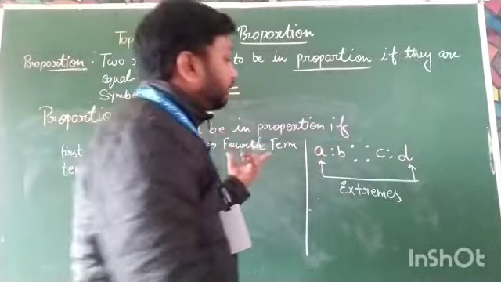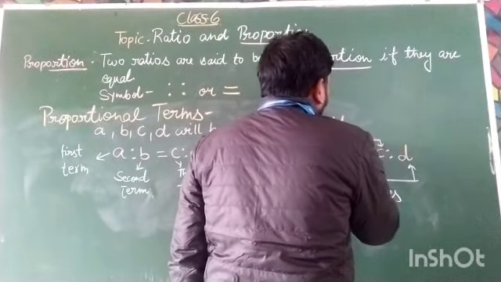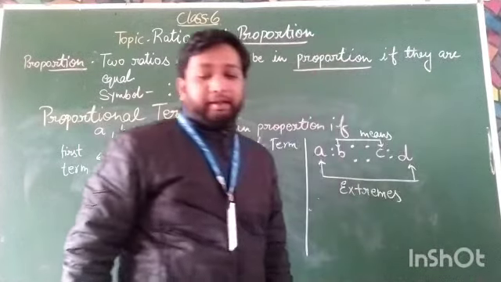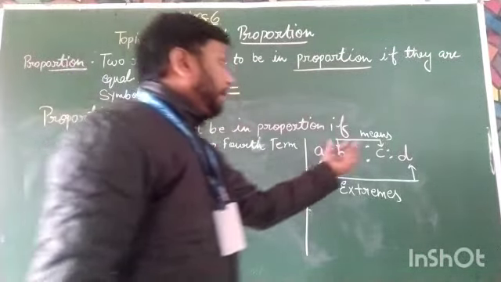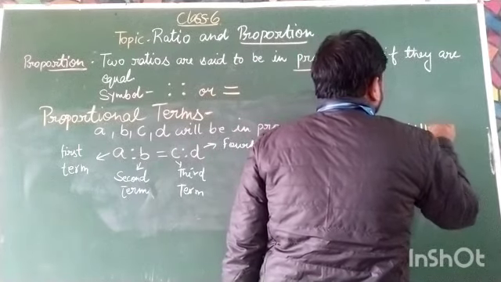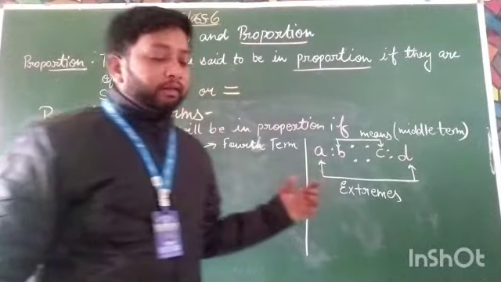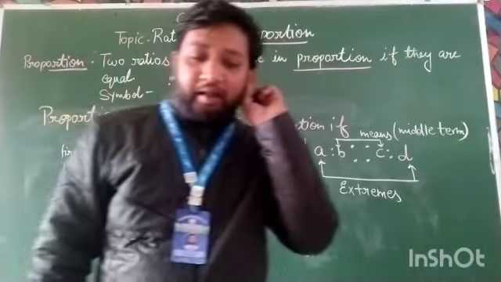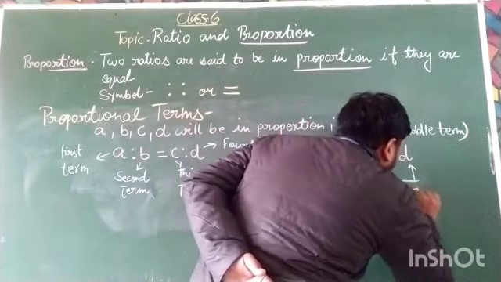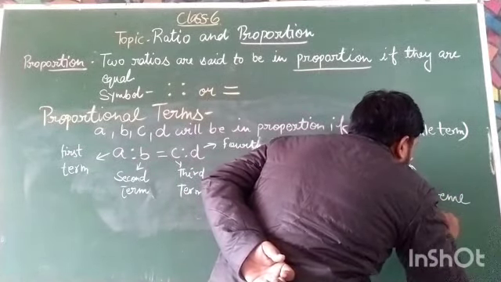The middle ones, B and C, are known as means, or the middle terms, and A and D are also known as the extreme terms.